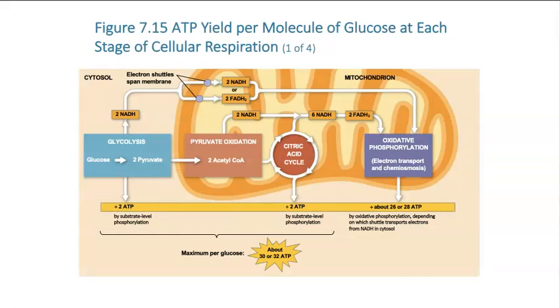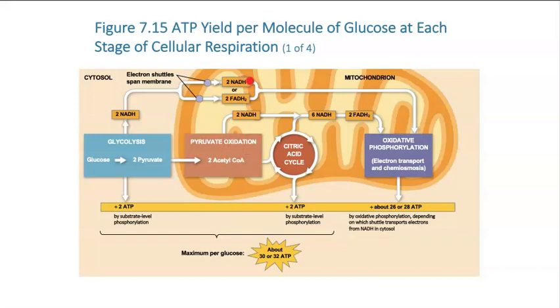Here are the basics though. This is just a summary of everything that we've learned so far, in a little bit less detail, but keeping track of things. So glycolysis: 2 ATPs by substrate level phosphorylation, 2 NADHs. Then we make pyruvate, and pyruvate is oxidized. We make 2 acetyl-CoAs, and we make 2 NADHs. We're also releasing some carbon dioxide here.